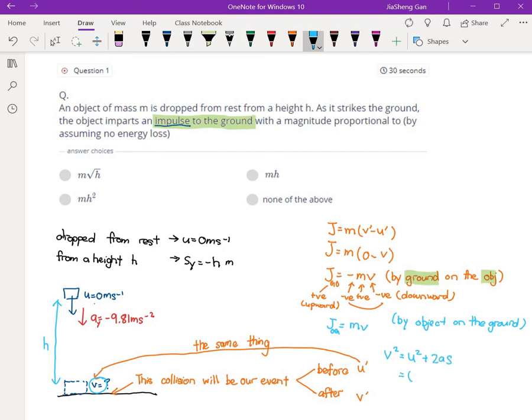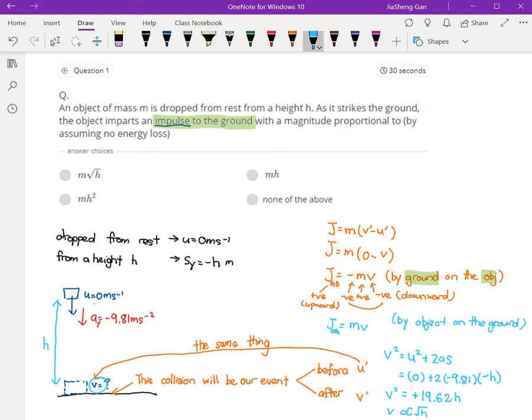Since u is 0, plus 2 times negative 9.81 for a, and s is a displacement downward, so it's negative h. Combining all these, v squared will be equal to negative 19.62 times negative h, so you get a plus h. So v squared is equal to something times h. Therefore, v is proportional to the square root of h.